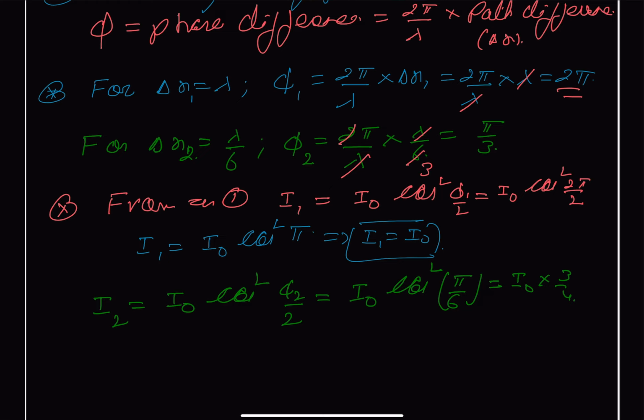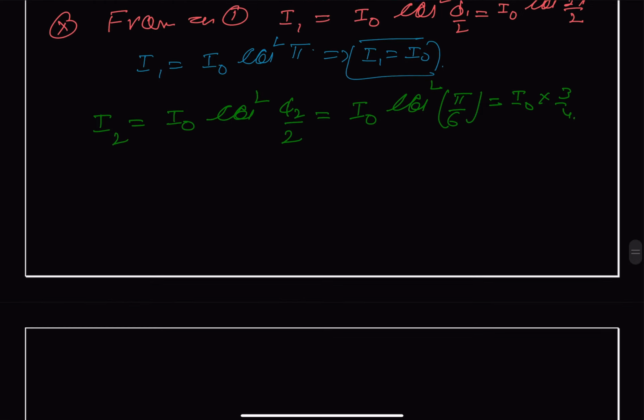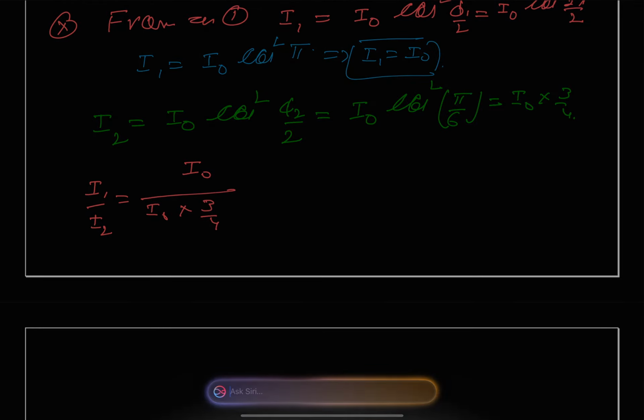Now we can simply find out the ratio. So we can say our I1 upon I2 will be equal to I naught divided by I naught multiplied by 3 by 4.